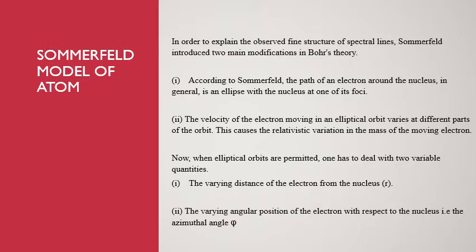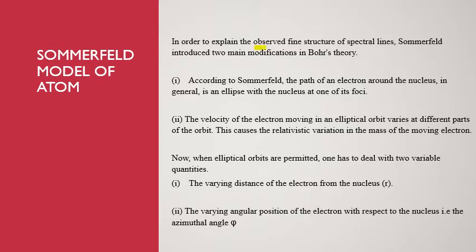Sommerfeld did the same experiment done by Bohr, and he observed the line spectrum of the hydrogen atom with the help of a high resolution microscope, and he found that other lines are also associated with the main line of the spectrum which was observed by Bohr.